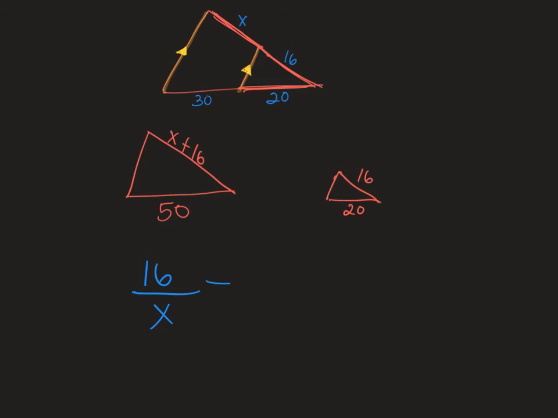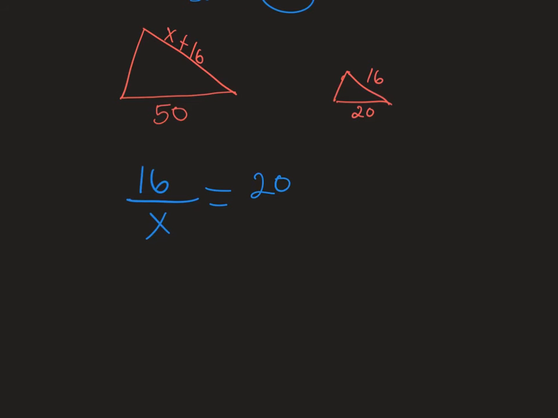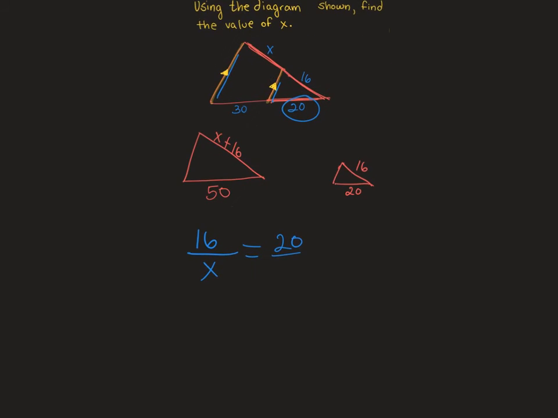And that's got to equal, okay, here. And the reason why we could do this is because there's two parallel lines here, okay? And then we have 20 over 30.